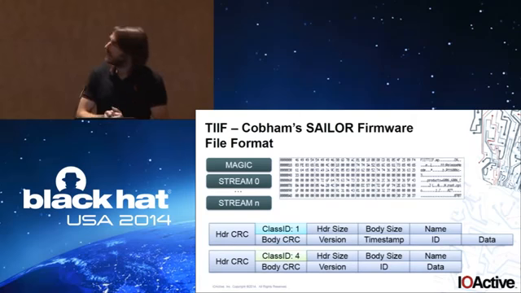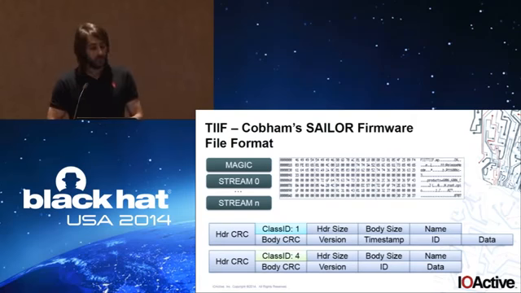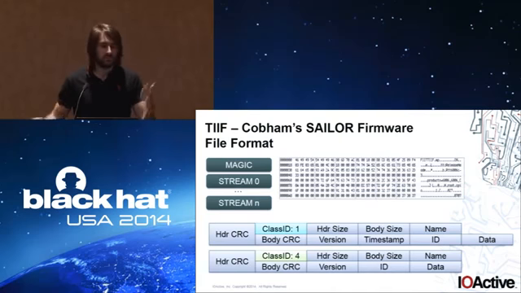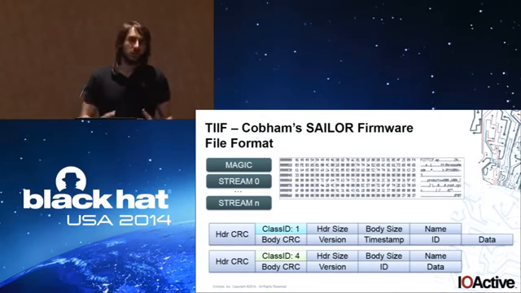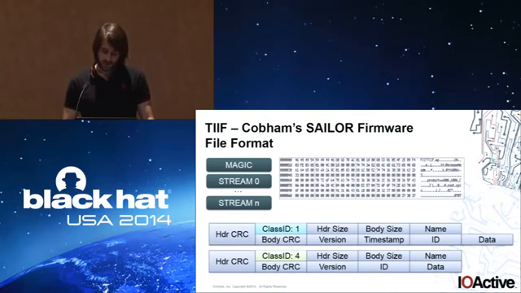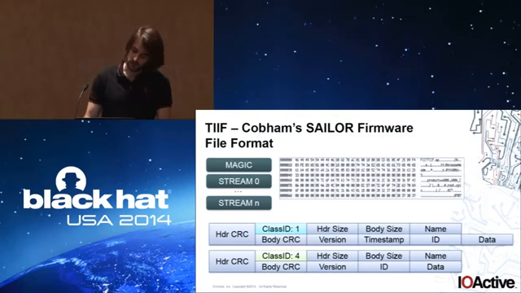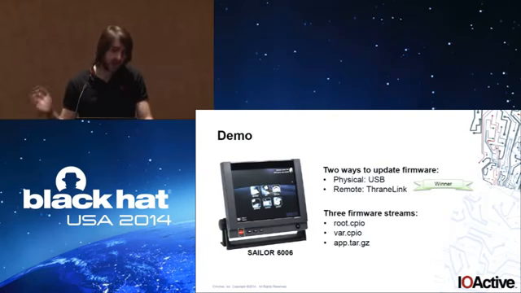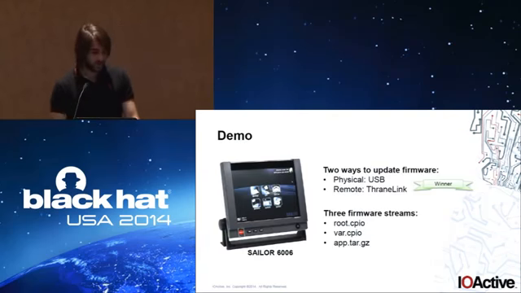One, the class ID number 1, which is basically for overall description, and then we have the class ID 4, which is a content stream. Then we have the typical fields. Everything is checked using CRC, checksum. We have the body size, the timestamp, IDs, data. So let's see a demo.